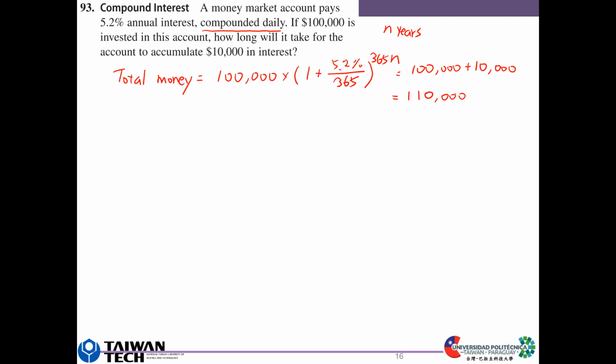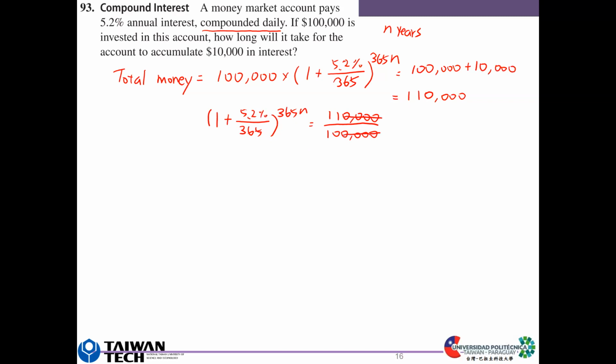Okay, to solve this, we just take log. So first, I would put this: 1 plus 5.2% over 365, to the power 365n, and what's on the right is 110,000 over 100,000.